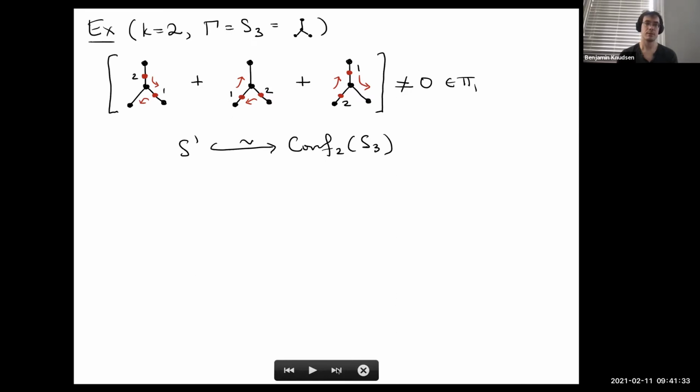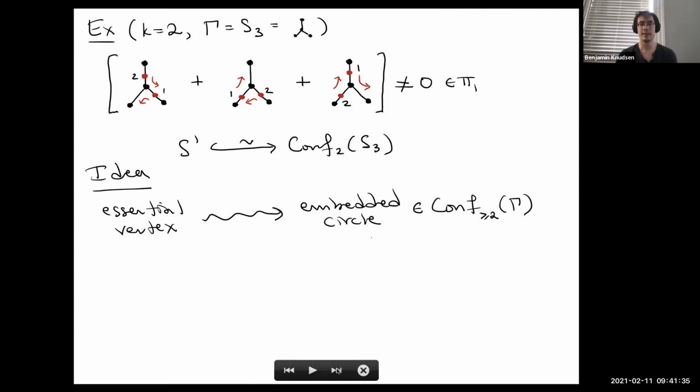Okay, so this leads us to an idea. Anytime you have an essential vertex, you in particular have 3 legs. You have an embedding, non-canonical, non-unique, but you have an embedding of this star graph with 3 leaves into your graph at that essential vertex. And thereby you get an embedded circle inside of your configuration space of 2 points in your graph.